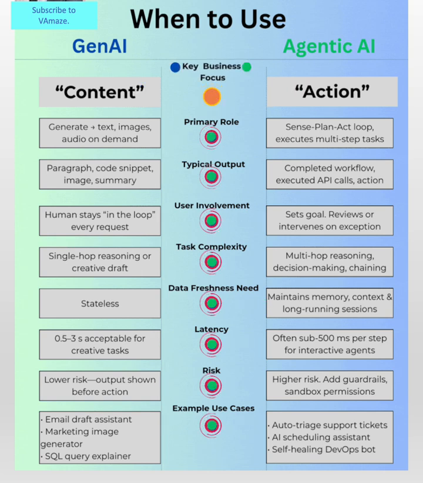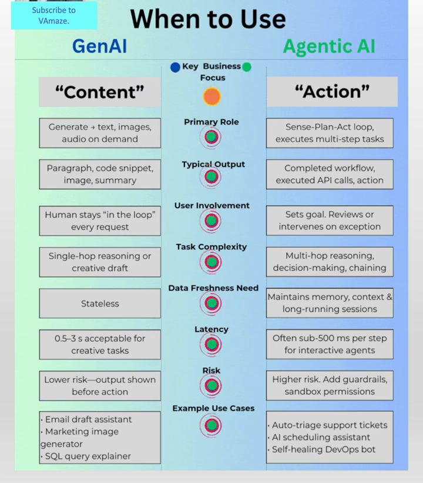Key decision framework. When to choose GenAI. Choose GenAI when your primary need is content creation, when human oversight is acceptable for every interaction, when you need quick creative outputs, or when working with relatively simple single-step tasks. GenAI is perfect for applications where the AI serves as a sophisticated tool that enhances human creativity and productivity.